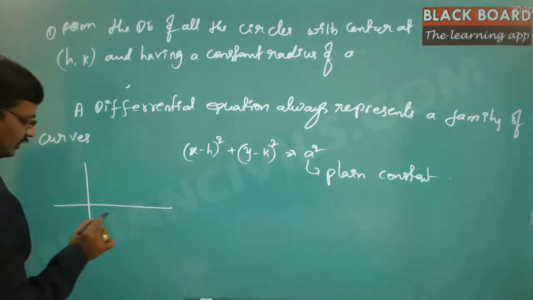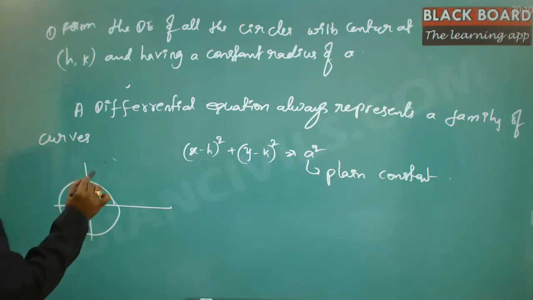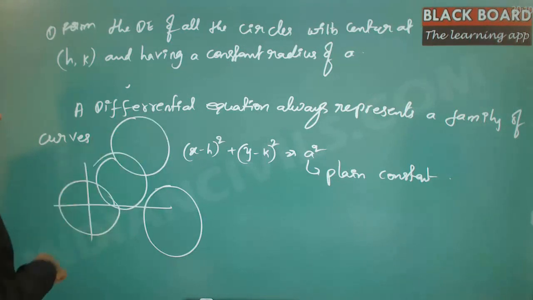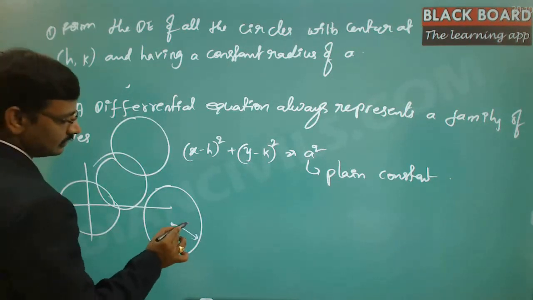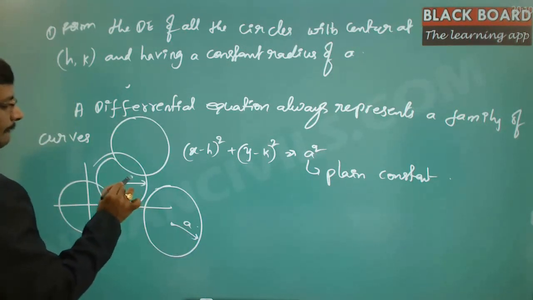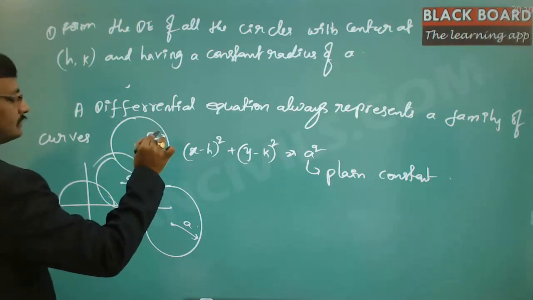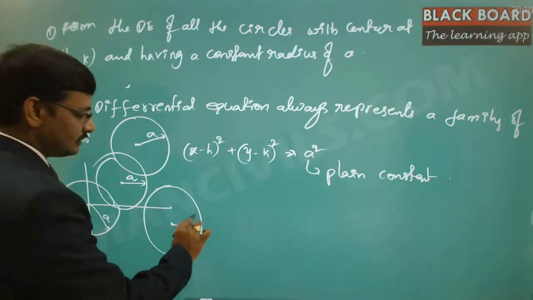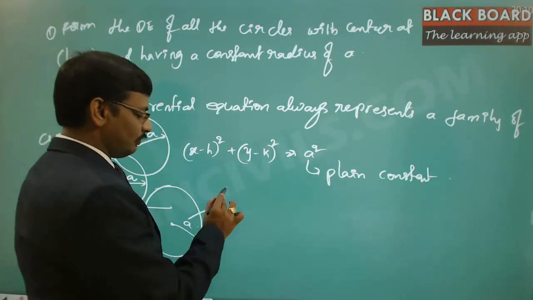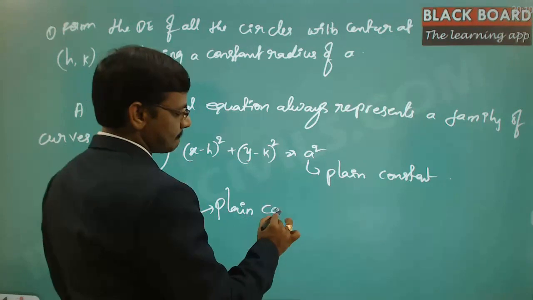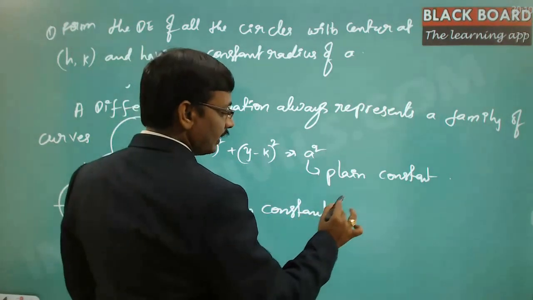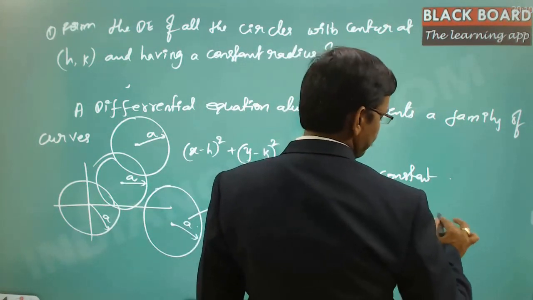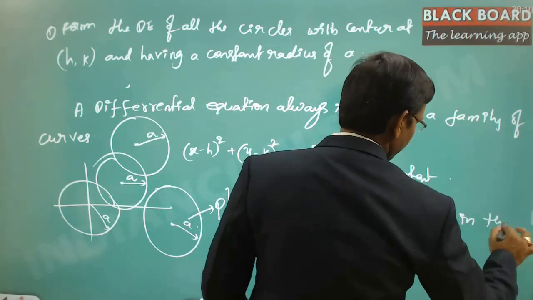I can have a circle here, here, here, or here, but for all these circles the radius is the same. As the radius is constant, it is called a plain constant. This plain constant can be there in the differential equation. That is the meaning of it.